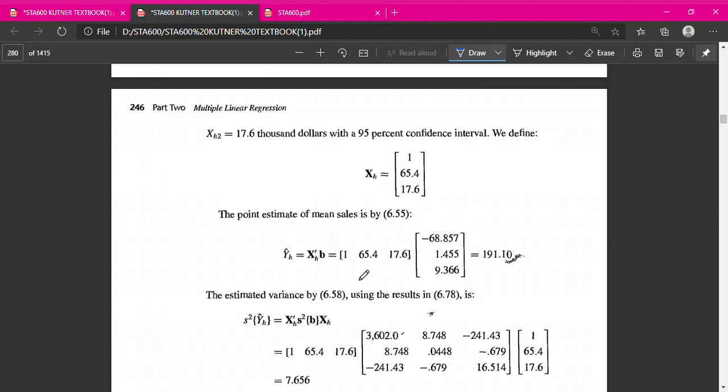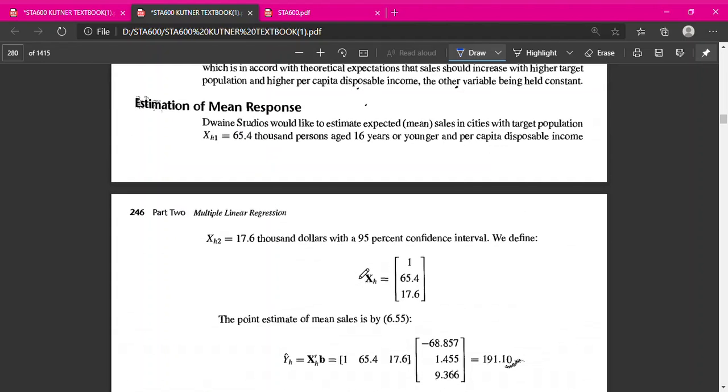Alright, this example. Okay, tadi Dwayne Studios would like to estimate the expected sales, which is the expected sales maksudnya mean response lah. Y adalah response variable. Okay, in cities with target population, which is your X1 tadi, adalah 65.4 thousand dan disposable income, which is X2, is 17.6%.